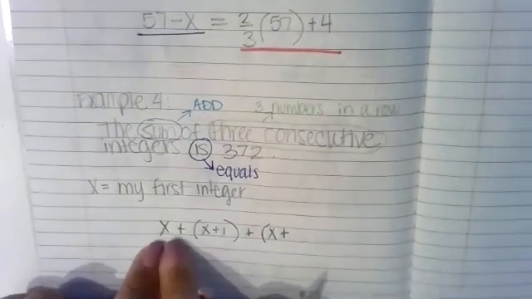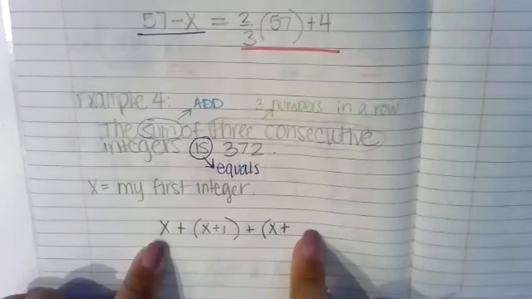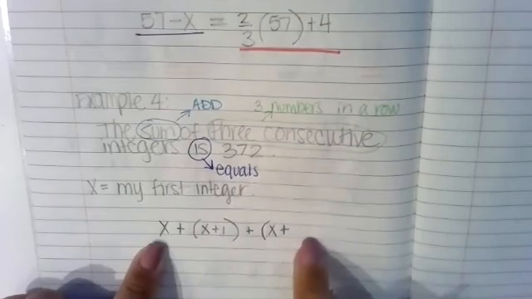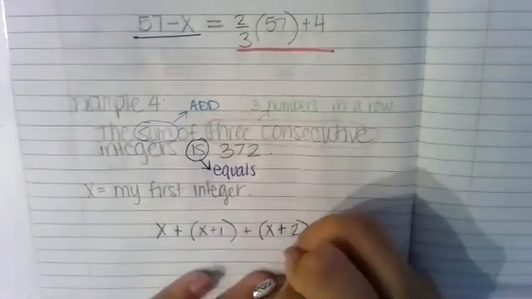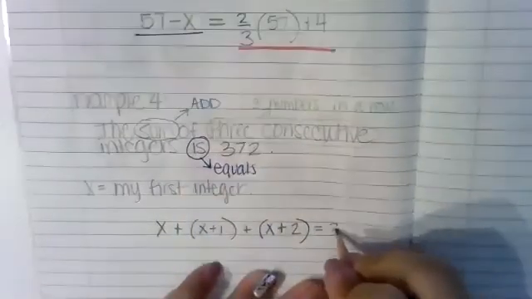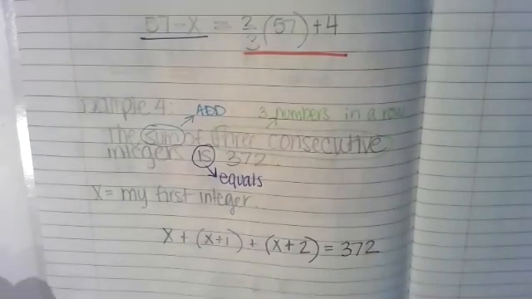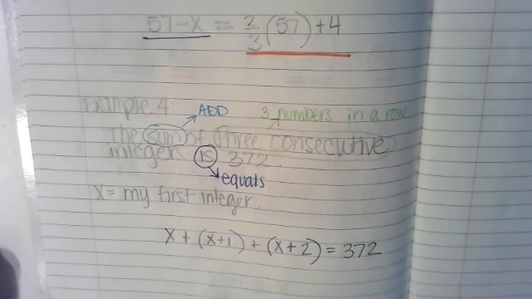From here to here was x plus 1, but now I have to move again. It can't be x plus 1, because this is 1 more than this. So this has to be what? X plus 2. And then is, which means equals, 372. And there you have it. That is writing multi-step equations, everybody.